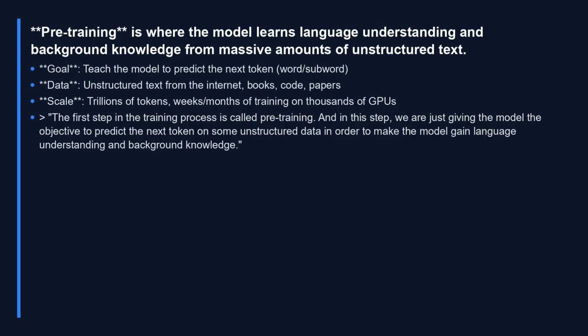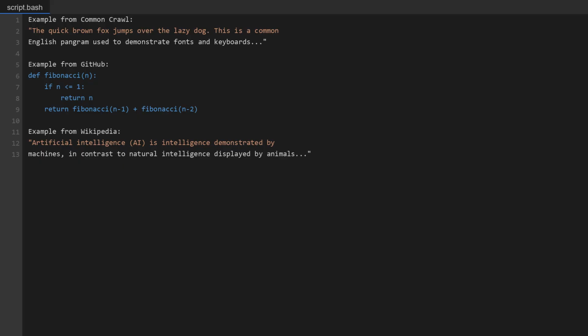The training data is completely unstructured. No labels, no questions, no answers, just raw text. The training data spans everything. A pangram testing every letter of the alphabet, a Python function computing Fibonacci numbers, a Wikipedia paragraph on artificial intelligence. The model sees all of it indiscriminately. That diversity is intentional.